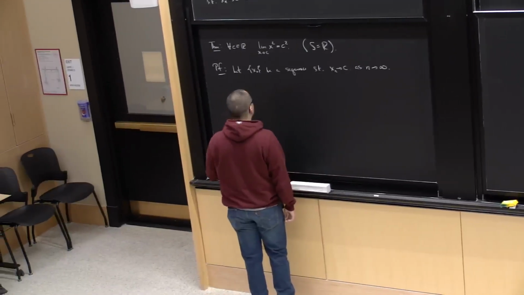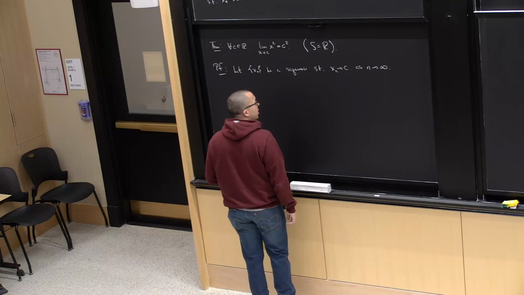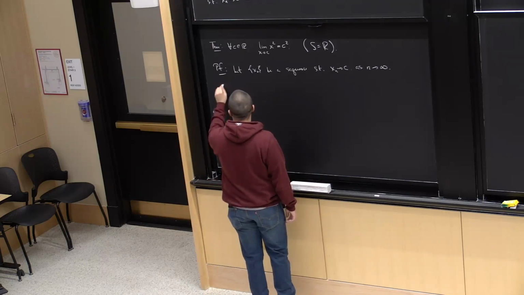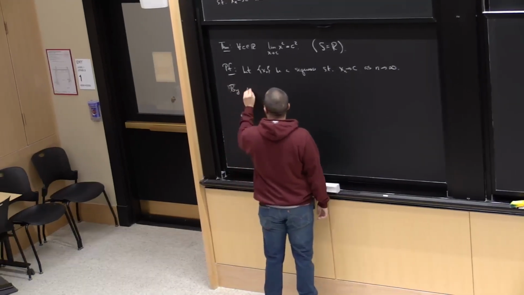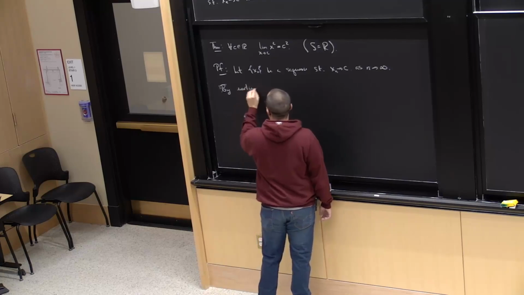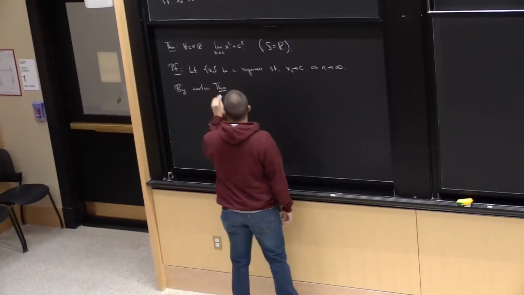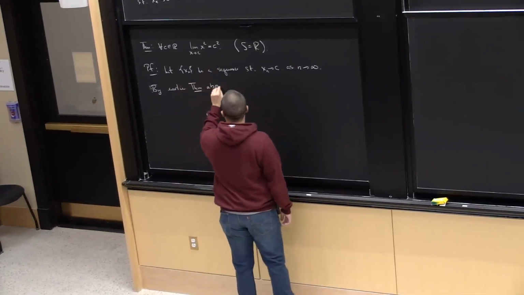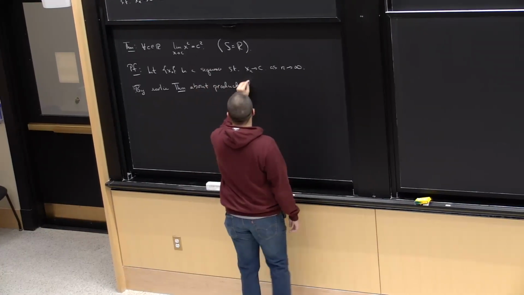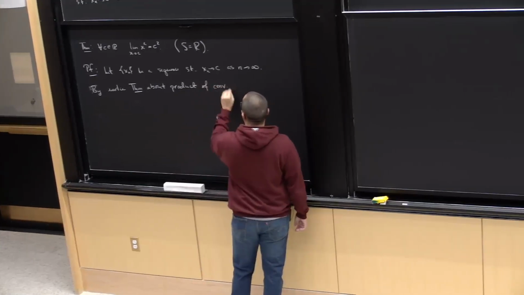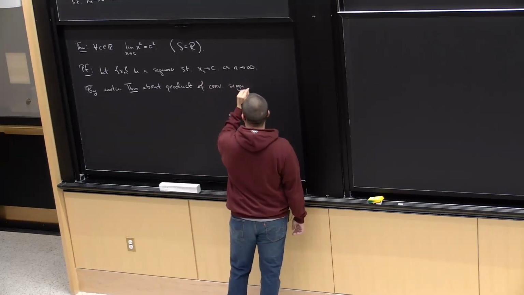So we proved that the product of two convergent sequences is convergent by an earlier theorem about the product of convergent sequences.